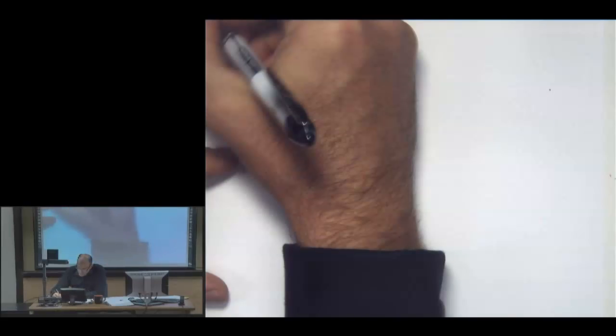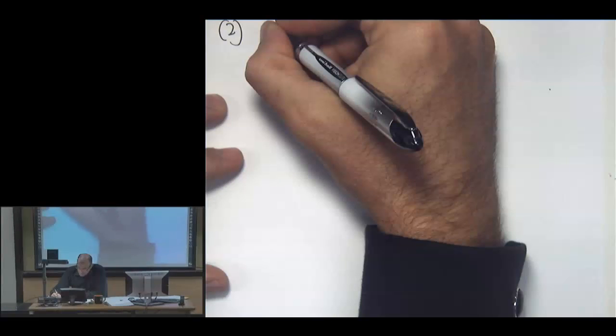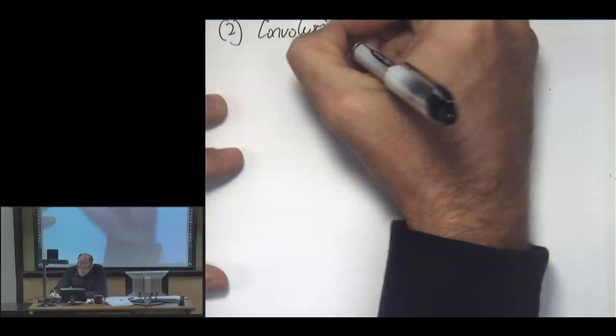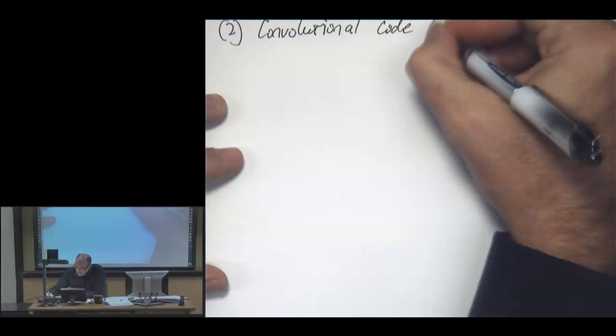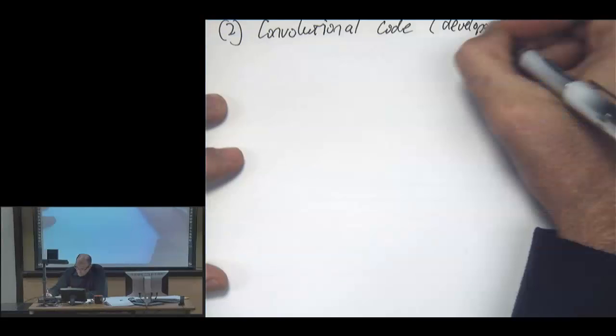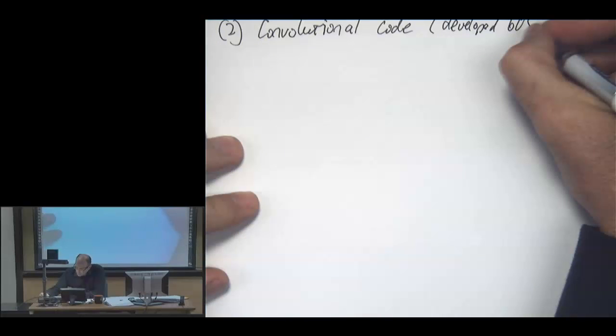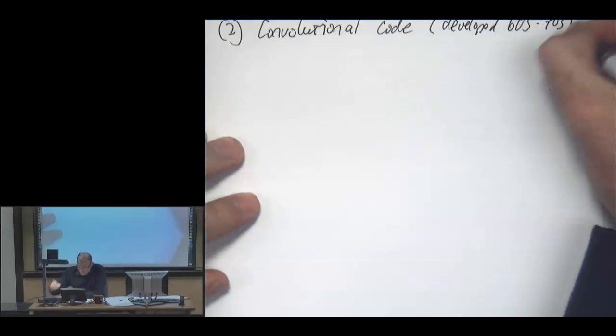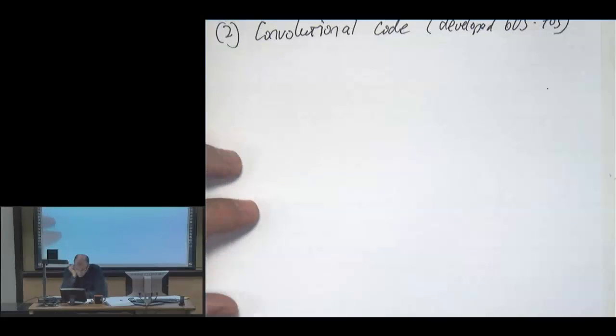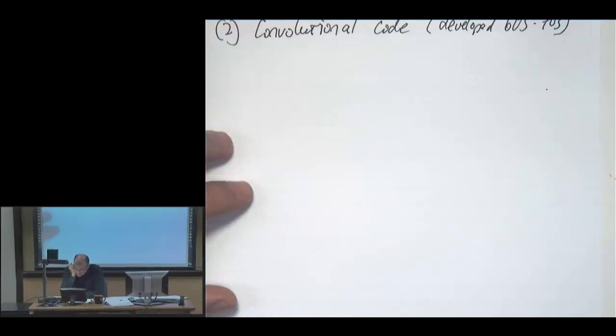Okay, so another type of coding that is also very important in wireless is convolutional code. This was developed in the 60s, late 60s, early 70s here. Essentially the way to think about this is that the notion of convolution comes from, indeed, linear systems theory.